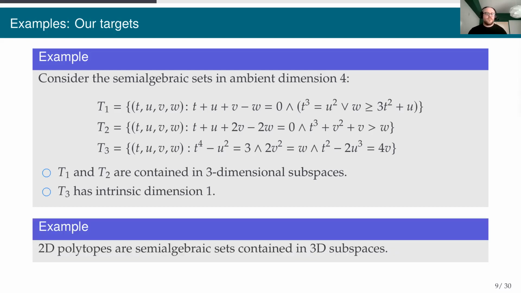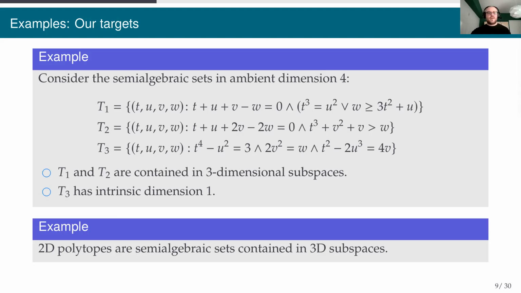Another example would be 2D polytopes in arbitrary ambient dimension. These are going to be sets contained in 3D subspaces. Again, this is pretty easy to see. Okay, so these are the sets we're interested in.